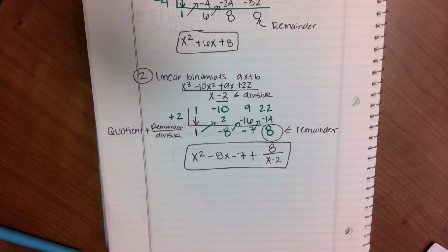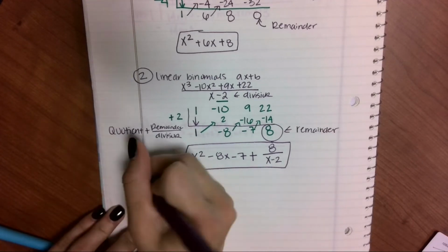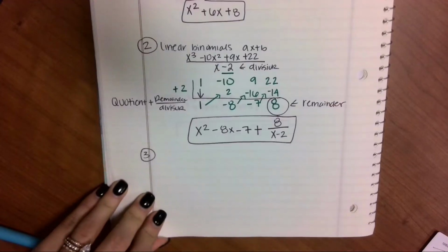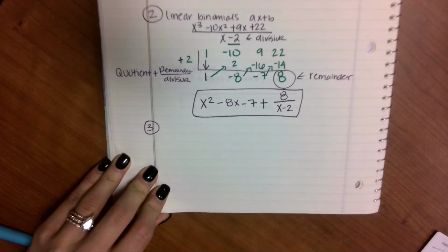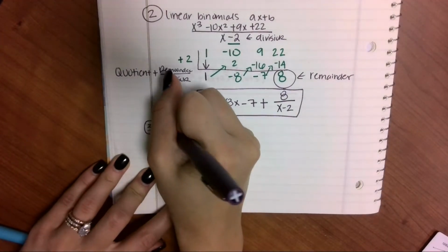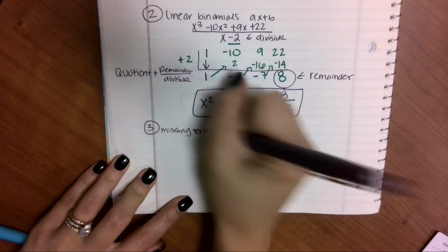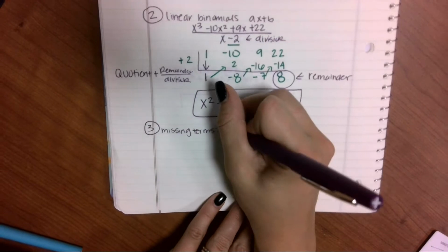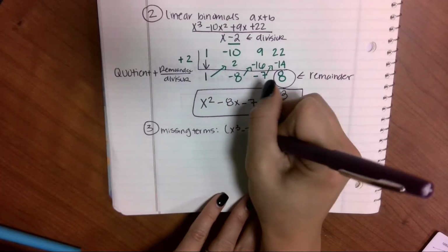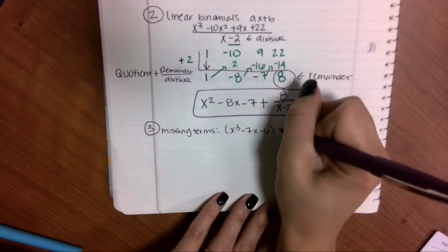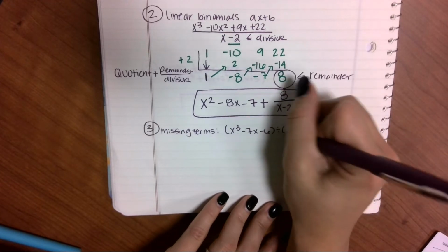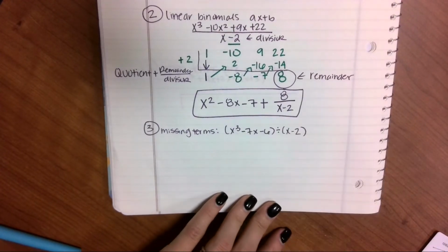All right. Next example. When you are missing terms. So this one we're going to do x cubed minus 7x minus 6 divided by x minus 2.